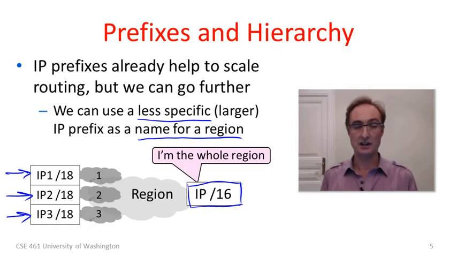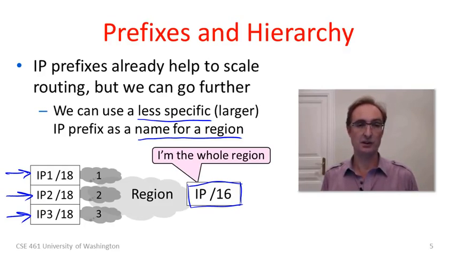For instance, that other /18, we better make sure it's not somewhere else in the network. But if the conditions are right, we'll be able to use a less specific address like this /16 elsewhere in the network to represent all of the 3 prefixes and every host within this region.